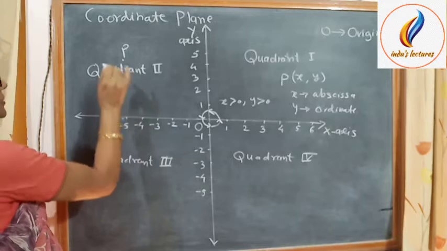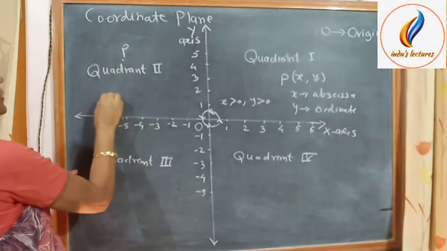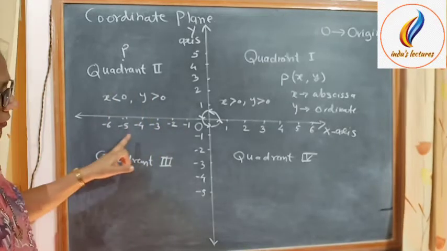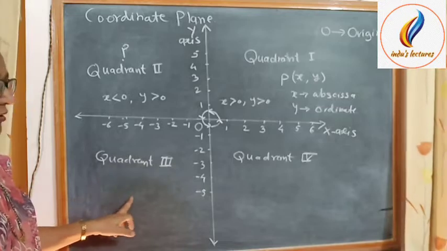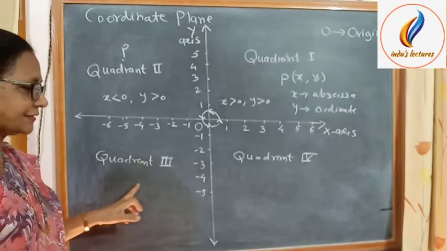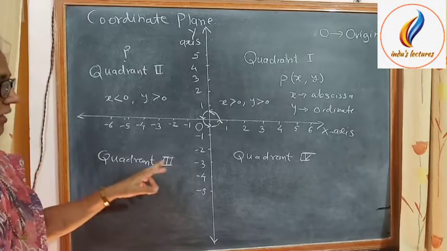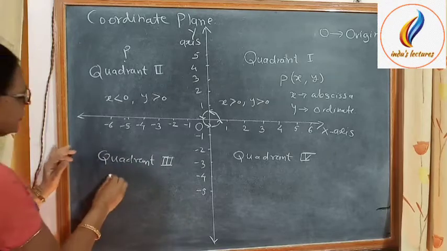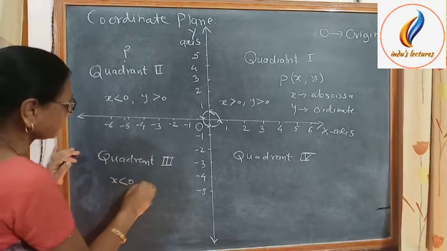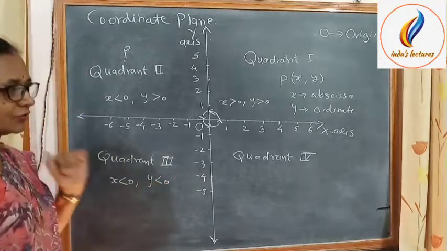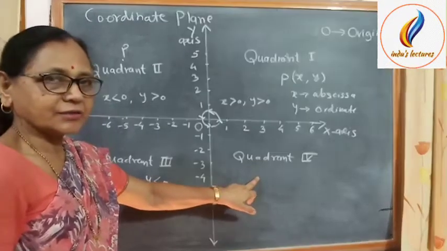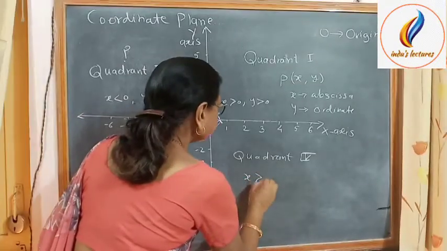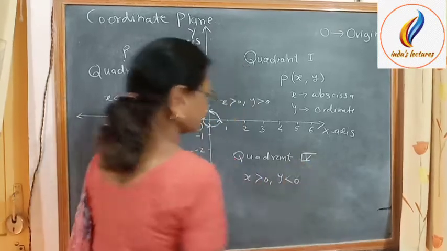So for this point, x is less than 0 and y is greater than 0. Let us consider the third quadrant. In the third quadrant, x and y both have negative values. That means for any point in the third quadrant, its x coordinate is less than 0 and its y coordinate is also less than 0. Similarly, for any point in the fourth quadrant, x is greater than 0 and y is less than 0.